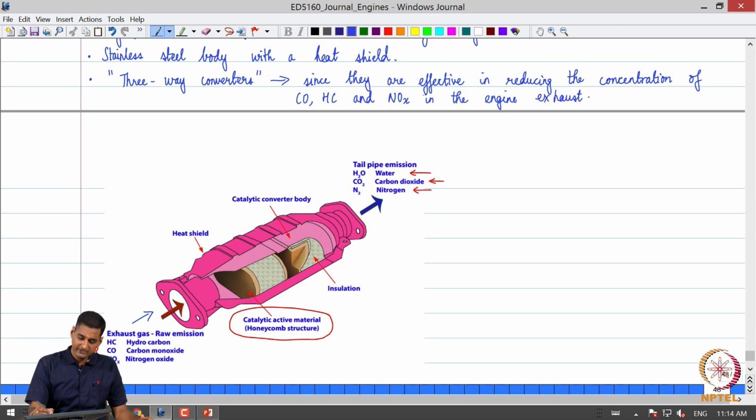They oxidize hydrocarbon and carbon monoxide and they reduce NOx. That is the reason behind this term.